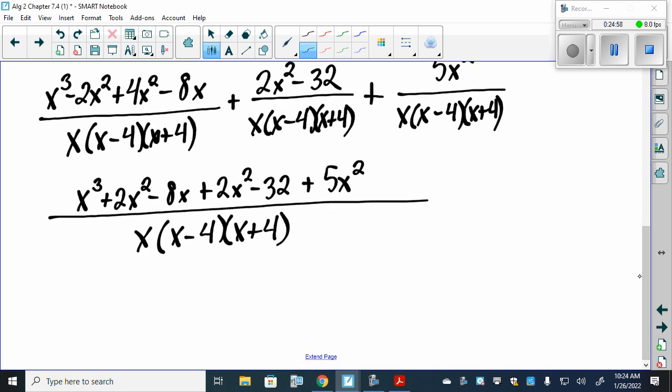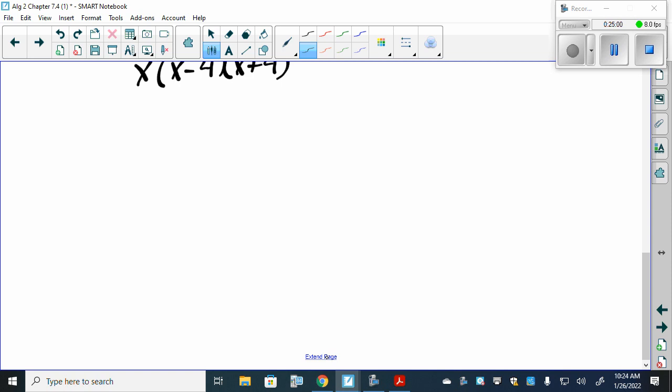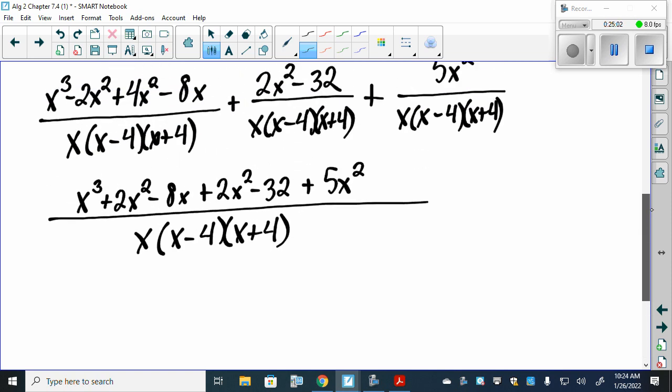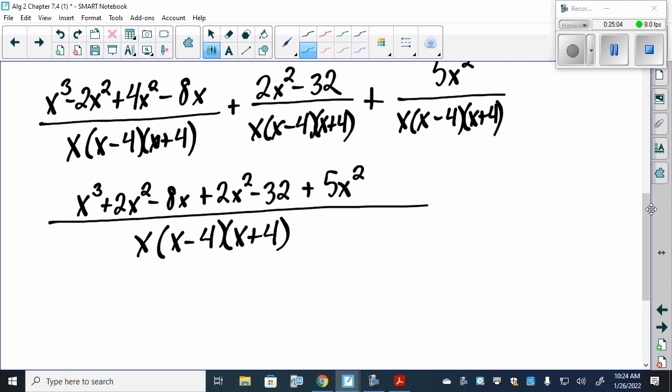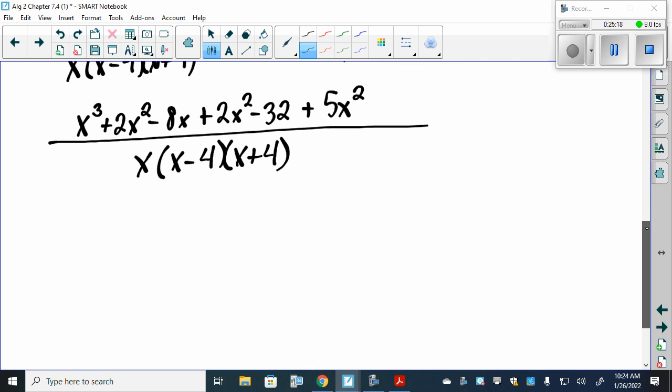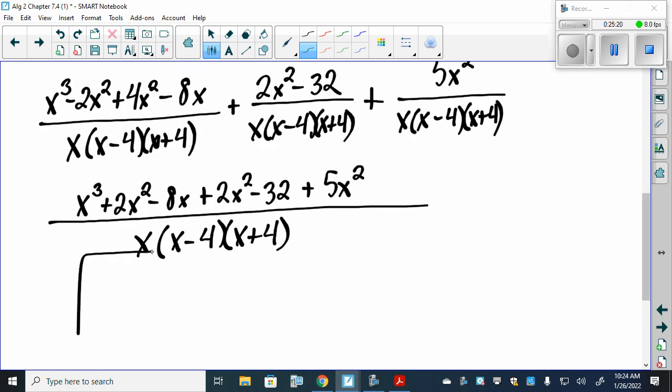Now, realistically, at this point here, we could have also gone on and just added all the x squareds together and all the terms with x together, but it turns out we only have x squared in common with all three rational expressions. But we can go on and do that in the next step.